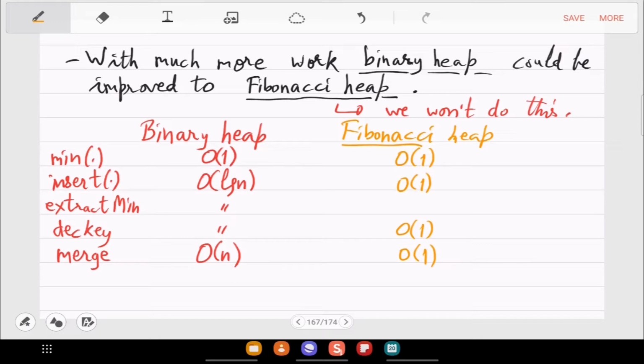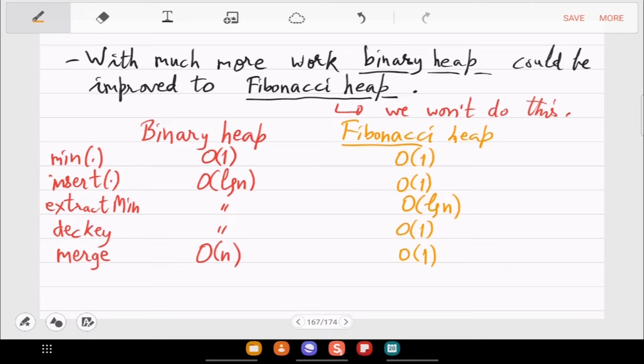So this will not be constant time, this will be slightly more. So this is log n time. Okay, so Fibonacci heap has everything constant except extract min, which again gets you sorting in n log n. Okay, so we can't really improve sorting. Till now it's an open question.